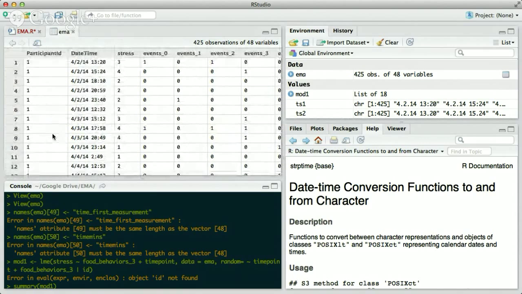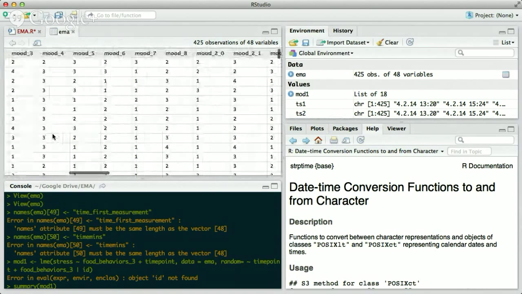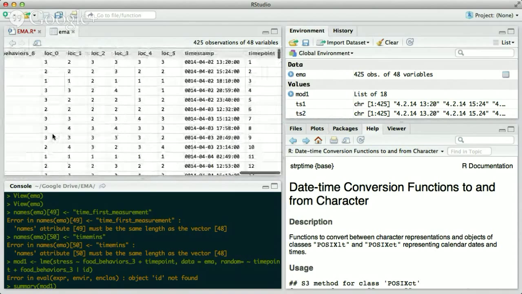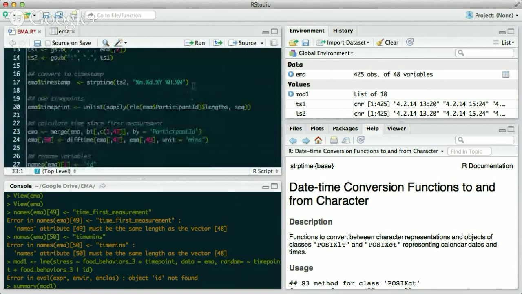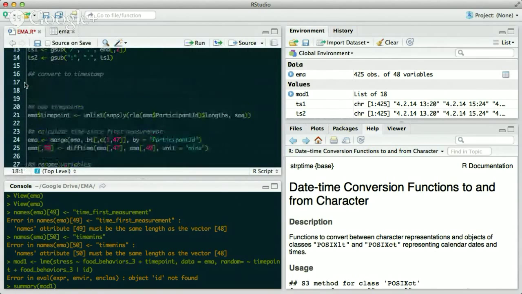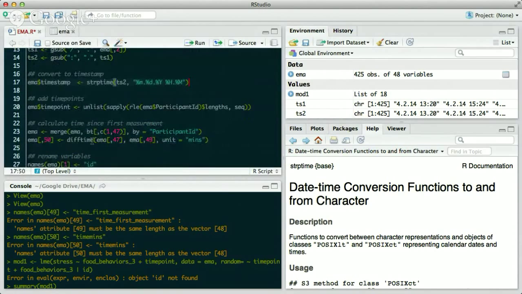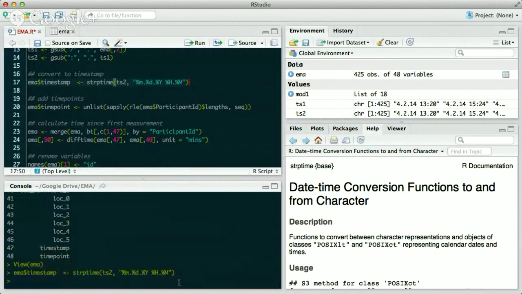So what I wanted to do is dummy code that so that I could look at how it influences it. So I reordered it and dummy coded it. This timestamp variable is just allowing R to read time in as an actual variable, just to register it as time. So what you have to do is basically just tell R right here, hey, this is actually month, day, year, hour, and minute.